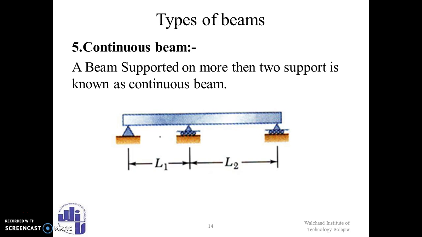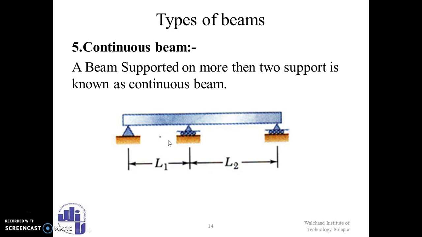Now next, continuous beam is a beam supported on more than two supports. Now if you observe here, more than two supports are present. Now here three supports are there and two spans are present. So such types of beams we call continuous beam.